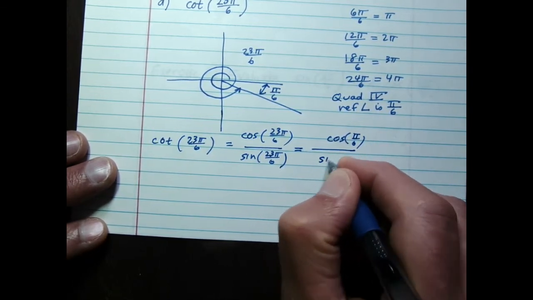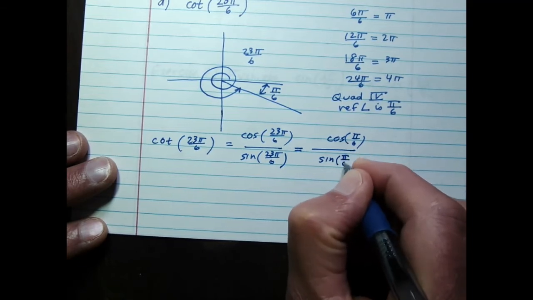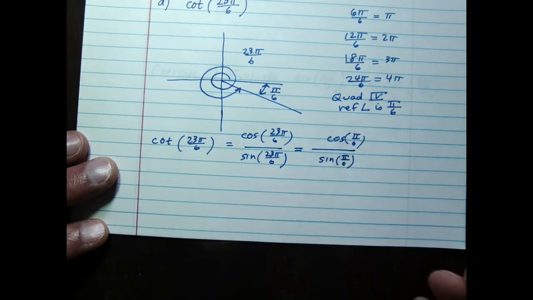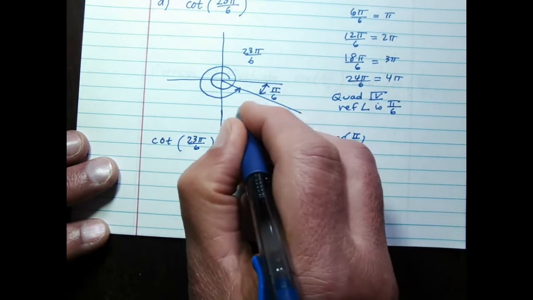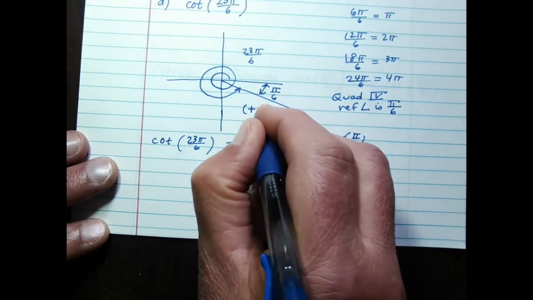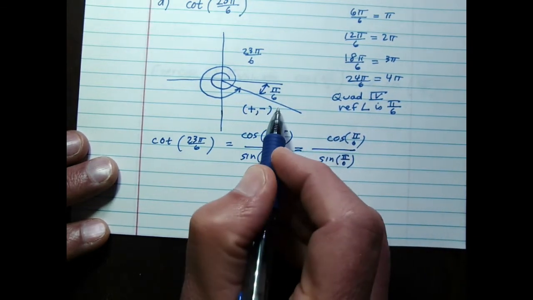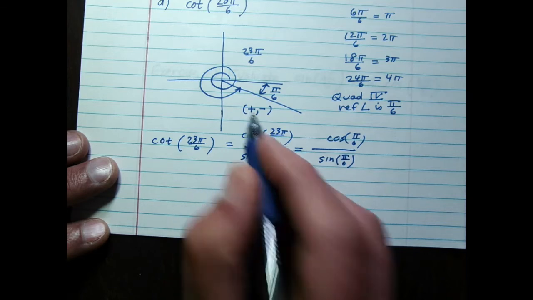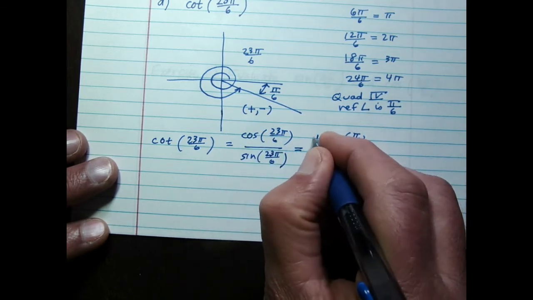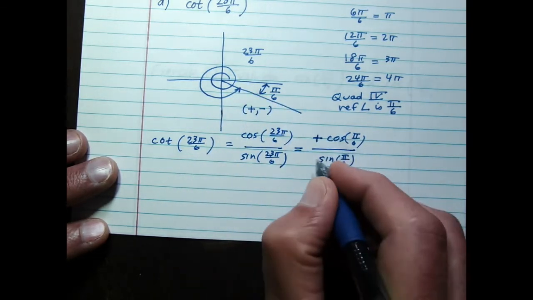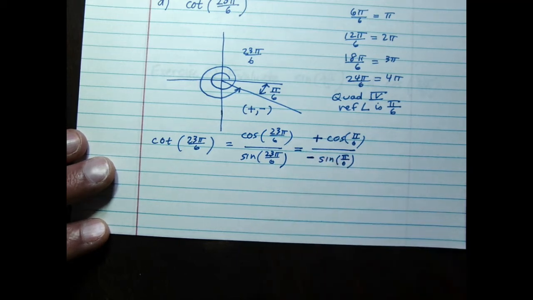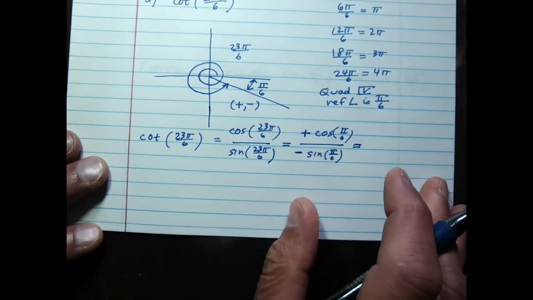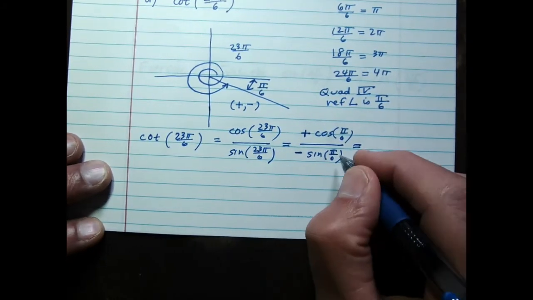Sine of 23 pi over 6 can be determined from sine of the reference angle. For each of these I have to determine if I'm plus or minus. In quadrant 4, x is positive, y is negative, right? So because of my quadrant, x is positive, so cosine is positive, y is negative, sine is negative. So I take plus cosine pi over 6 and divide by minus sine pi over 6.